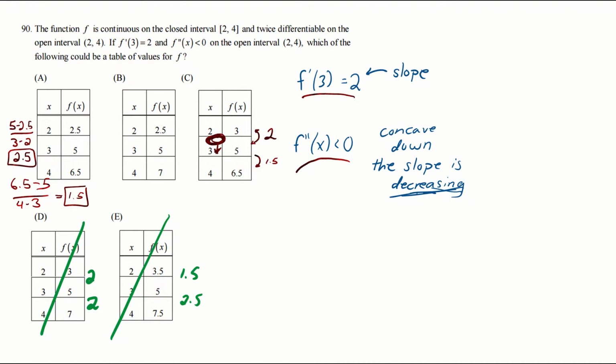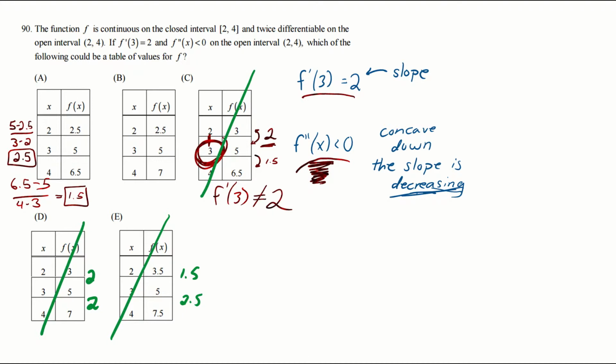That means when I'm at 3, the slope actually has to be like 1.9 or something, because the concavity is concave down, so the slope has to continue decreasing. So if it already reaches a slope of 2 somewhere between 2 and 3, when it is actually at 3, f prime of 3 cannot equal 2. And that takes away C from us.